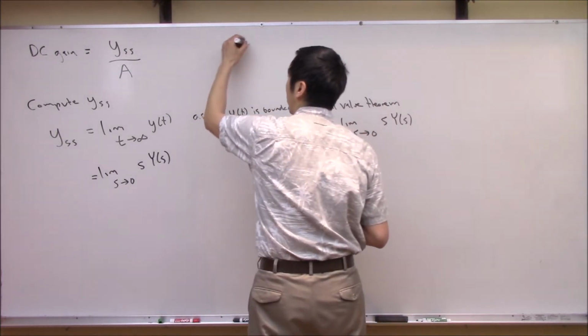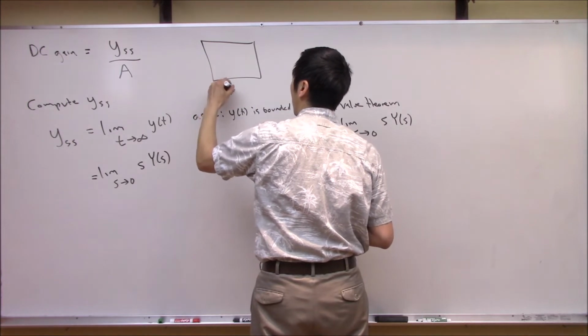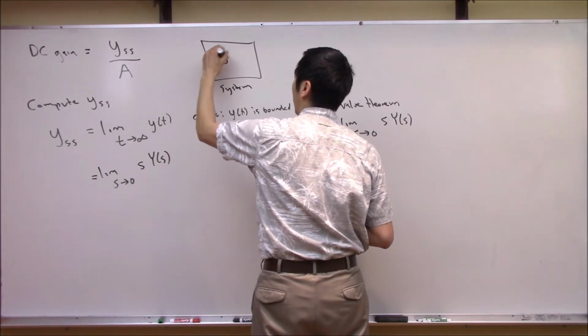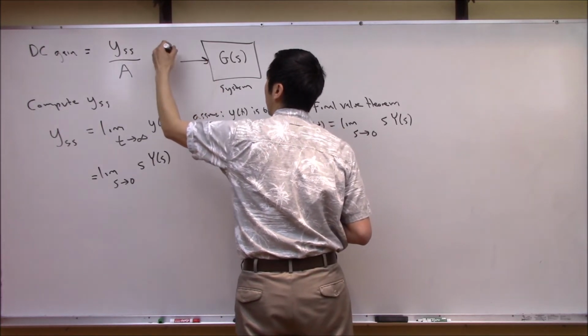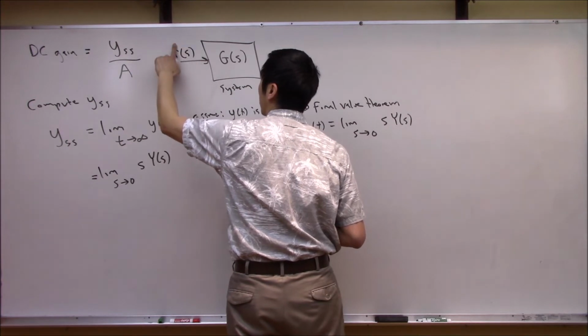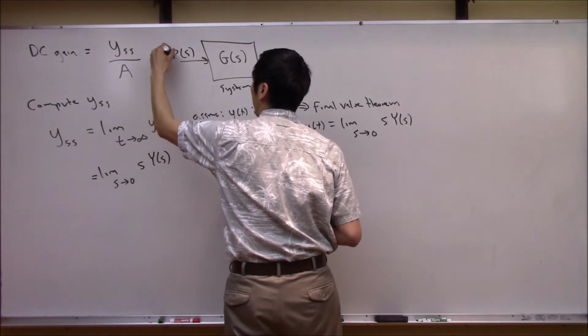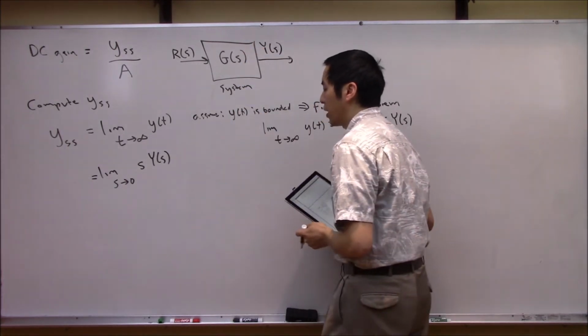Now let's draw our picture. You have some system, which we model as a transfer function, G(s). It has an input, which we called R(s), maybe we should use big R, and an output Y(s).